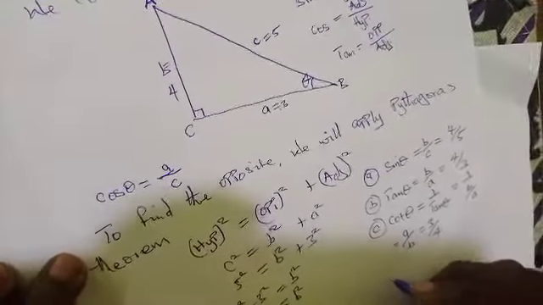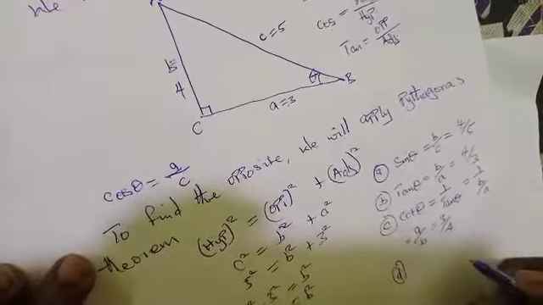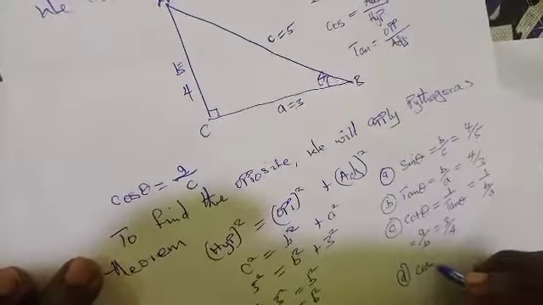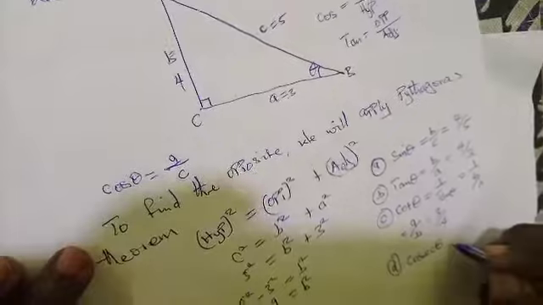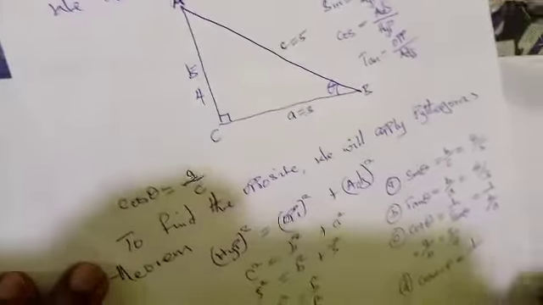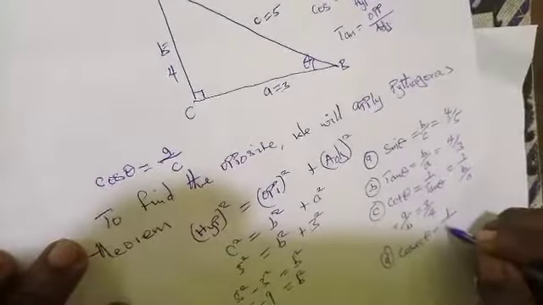And the D part is cosec theta. Cosec theta is 1 all over sine theta.